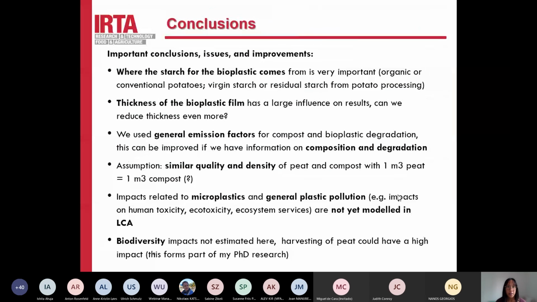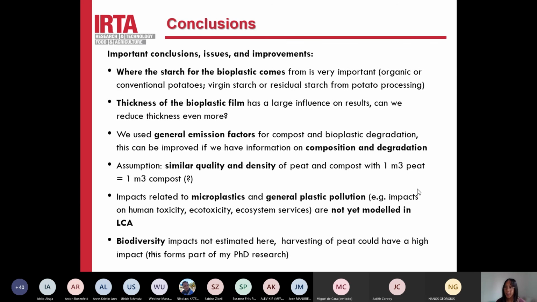Some important conclusions, improvements, and limitations that we found were that the source of the starch for the bioplastic, where the bioplastic starch came from, was really important. If it was sourced from organic farms or residual starch from potato processing, it may reduce the overall impacts.